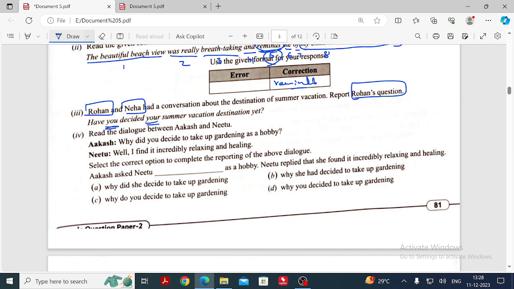So here we got the clue that this question was raised by Rogan, and Rogan said to Neha. This is the reporting person and the reporting verb, right? Say yes or no, my dear.